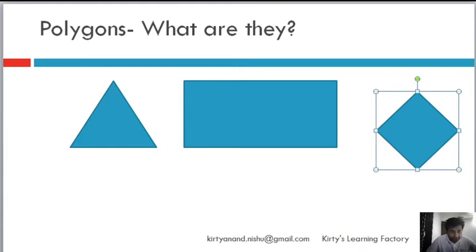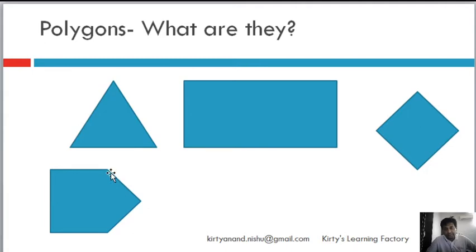Now, for example, do I have different kinds of polygons? Yes, five-sided. Now this is a pentagon because there are 5 sides, and then there will be a hexagon as well with 6 sides. So I am just quickly looking for if I can draw a hexagon.